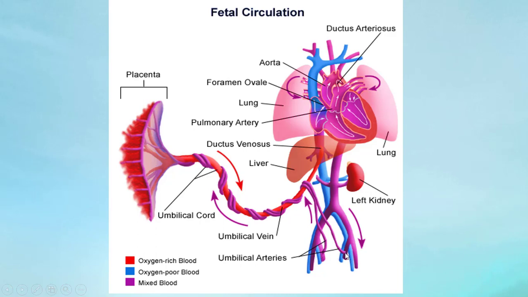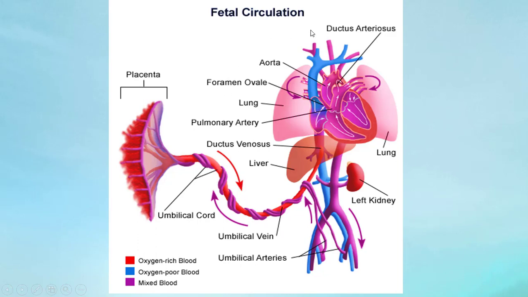These two internal iliac arteries join to form an artery, and that artery is known as the umbilical artery, and this deoxygenated blood again enters the placenta for oxygenation and goes to the maternal circulation. This is the whole fetal circulation.